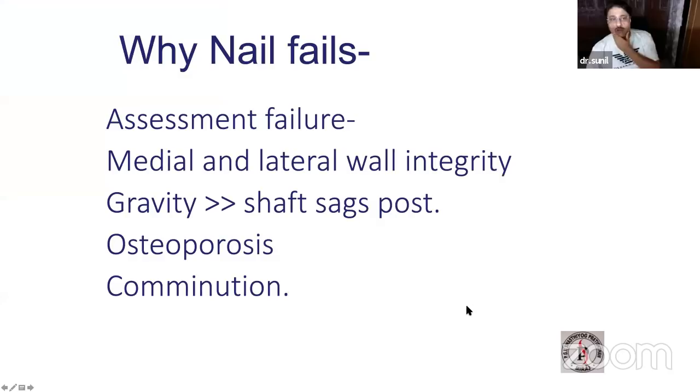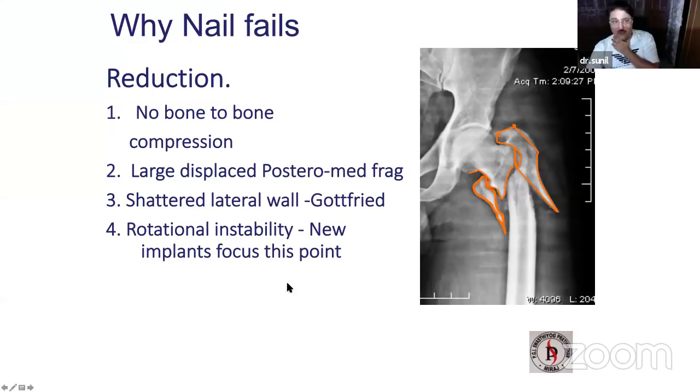So we'll just go through the points we are discussing. One is why nail fails: because of the assessment failure, medial and lateral wall integrity, the gravity with shaft sag with the posterior osteoporosis, the comminution, then the reduction when there is no bone to bone compression, large displaced posterior medial and lateral wall, rotational instability with newer implants, focus on this.